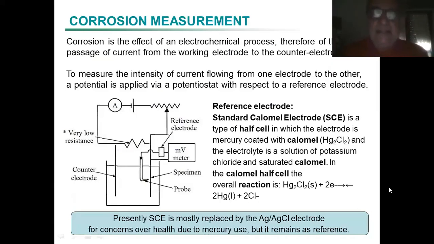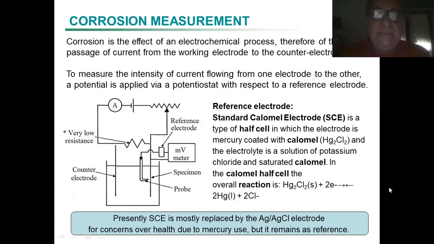Calomel is mercury chloride, and mercury chloride now has been replaced by silver chloride because silver is harmless in comparison to mercury, and also because of the accumulation of mercury in the environment.